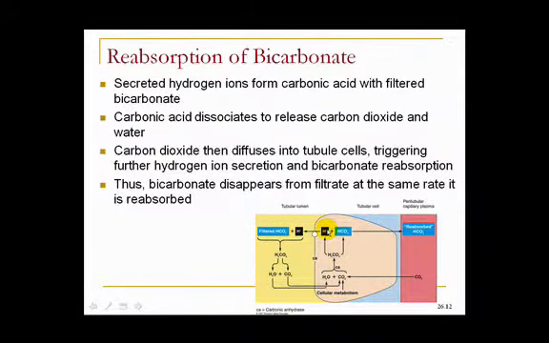The hydrogen ion gets pumped out by a hydrogen pump, and the bicarbonate gets reabsorbed. So see how it's a really indirect way? You can't just directly take this bicarbonate and reabsorb it.